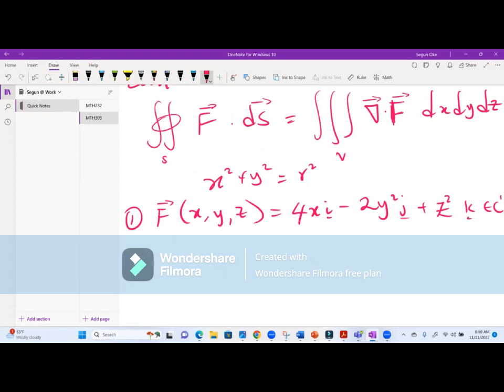Then S is the cylinder of the region x squared plus y squared equals 4, with 0 less than or equal to z less than or equal to 3.